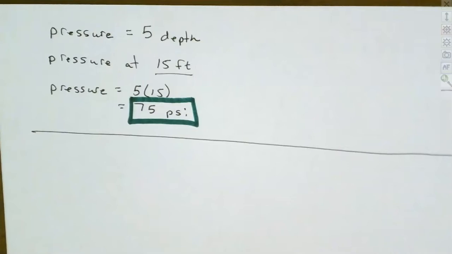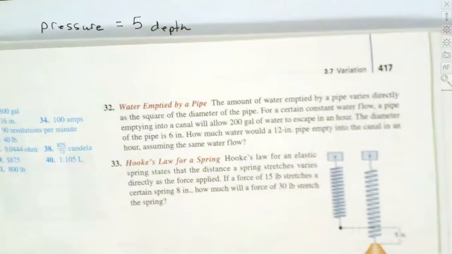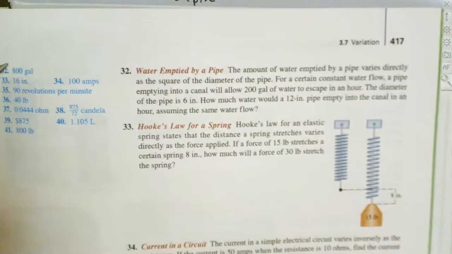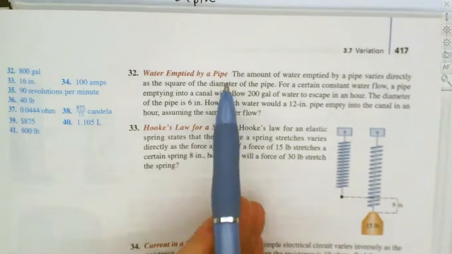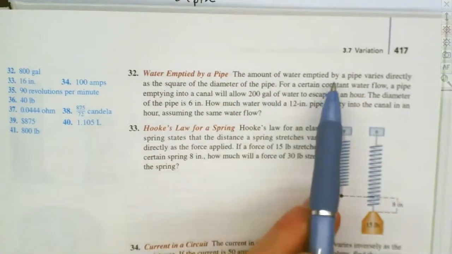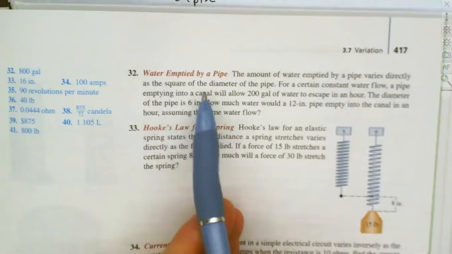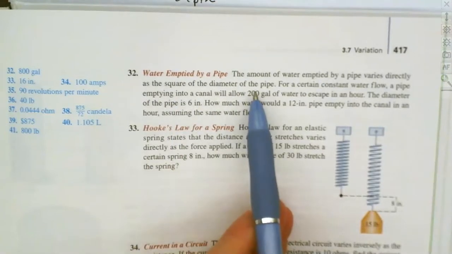Let's look at another one. And let's look at 32. Okay, question 32. The amount of water emptied by a pipe varies directly as the square of the diameter of the pipe.